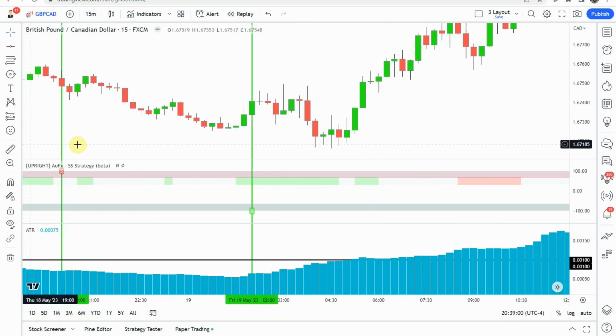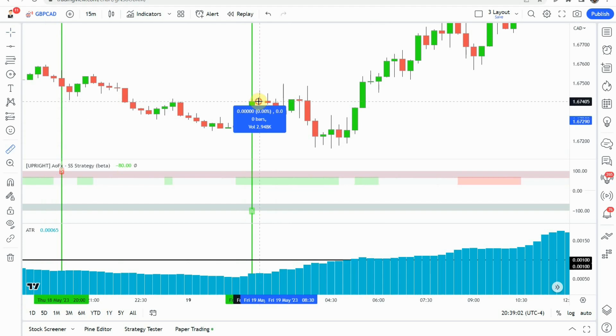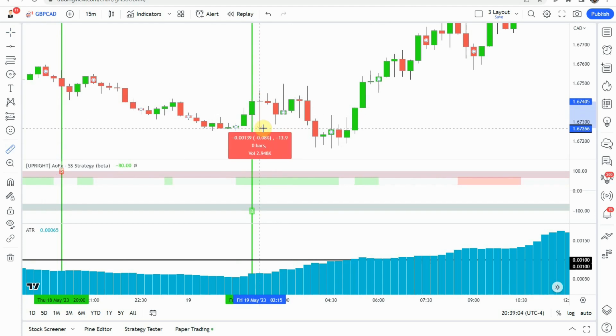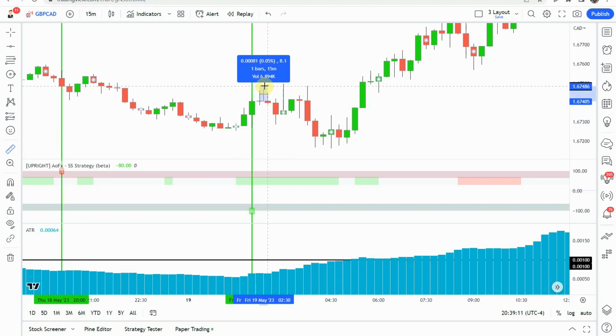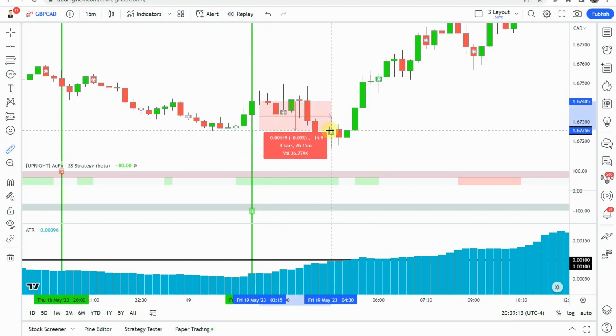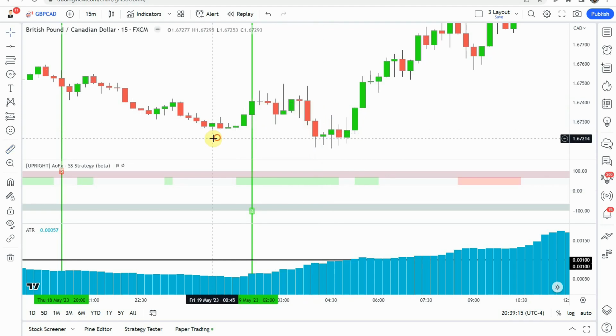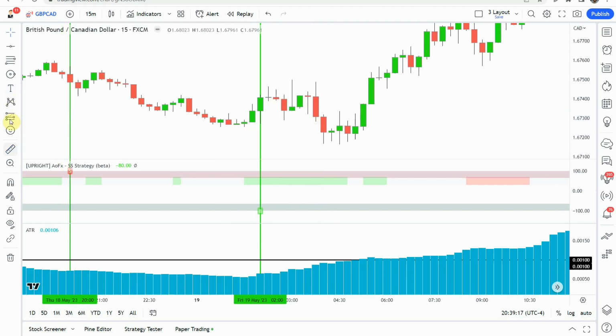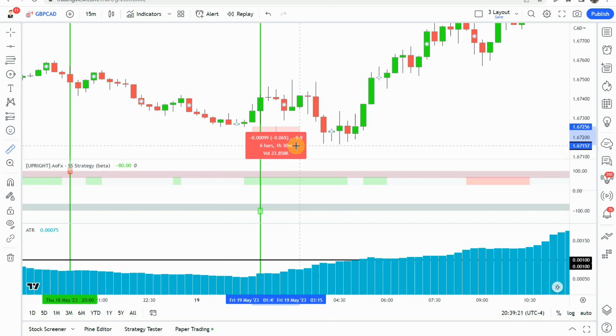And once that happens, we're targeting the last swing low, and I usually use the candle bodies and not the actual wick. So we're at about 14 pips altogether. It looks like it comes down here, but the stop is actually going to be 10 pips below this last swing low.